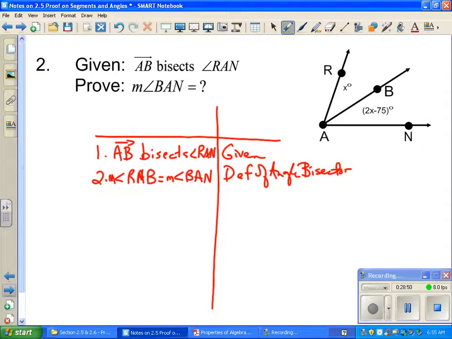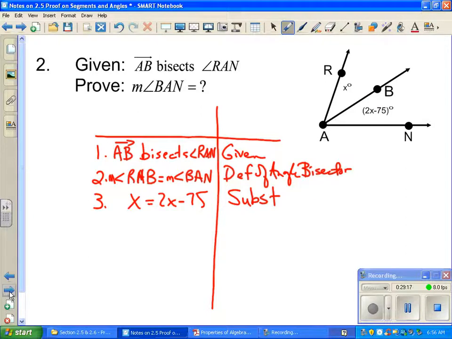So then, once you set up your equation of angle bisector, then you're looking at filling it in. So x equals 2x minus 75 is our equation, and we've just substituted in our expressions for RB and BAN. Now, let's look at our solving.